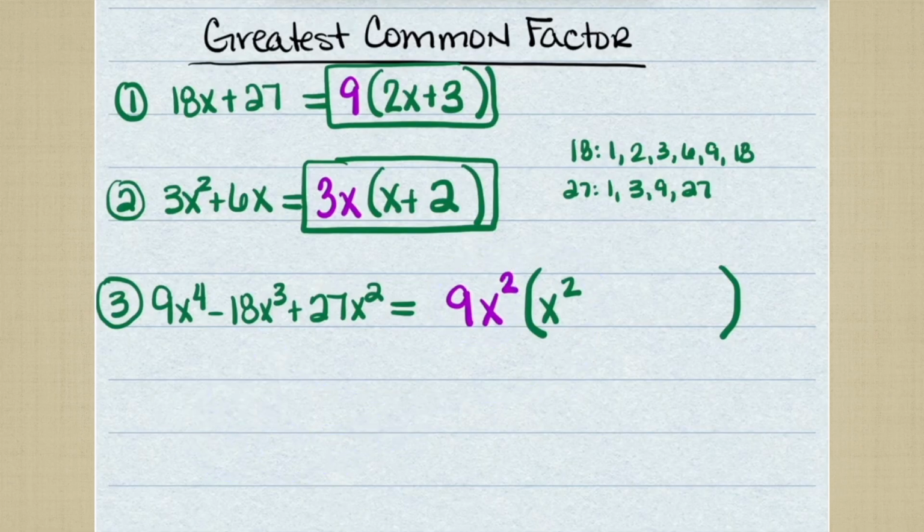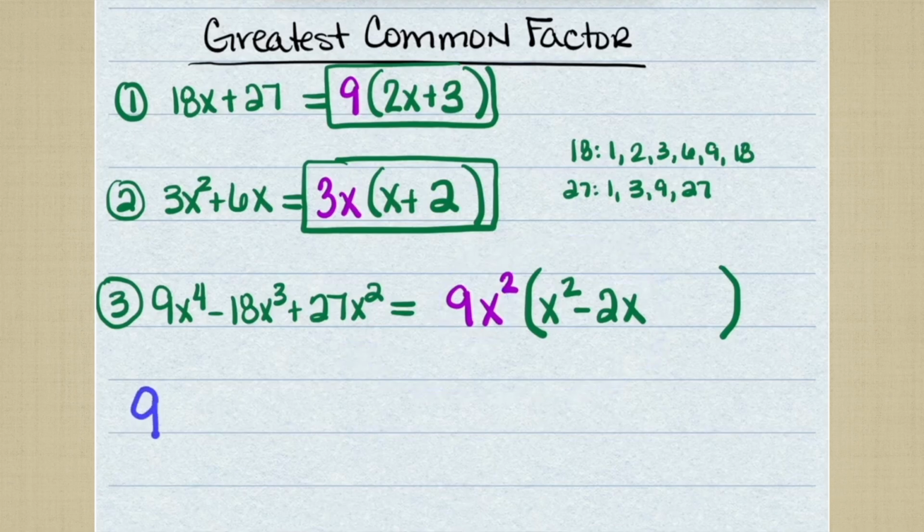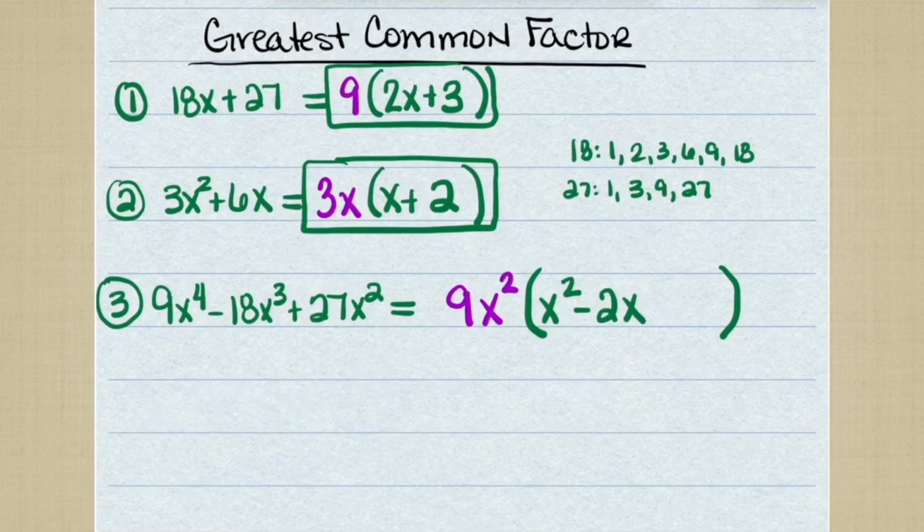So that's going to be a minus 2x. And then 9x squared times what will give me 27x squared? Well, 9 times 3 gives me 27, and x squared times 1 is x squared. So we just need the 3 to get the 27. So this will be plus 3. At any point, let me know if you have questions.